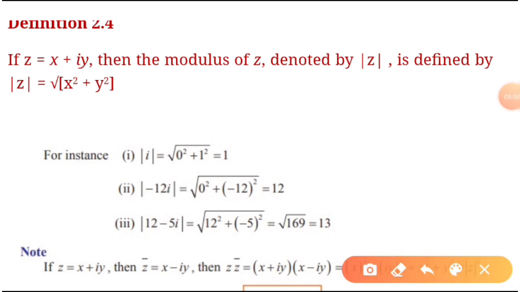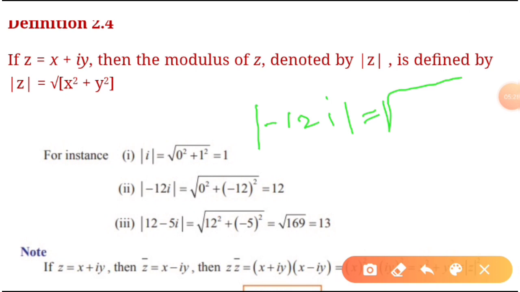Next, second example. Modulus of minus 12i. We write that is equal to the square root of the real part squared plus the imaginary part squared. Here there is no real part, it is purely imaginary.